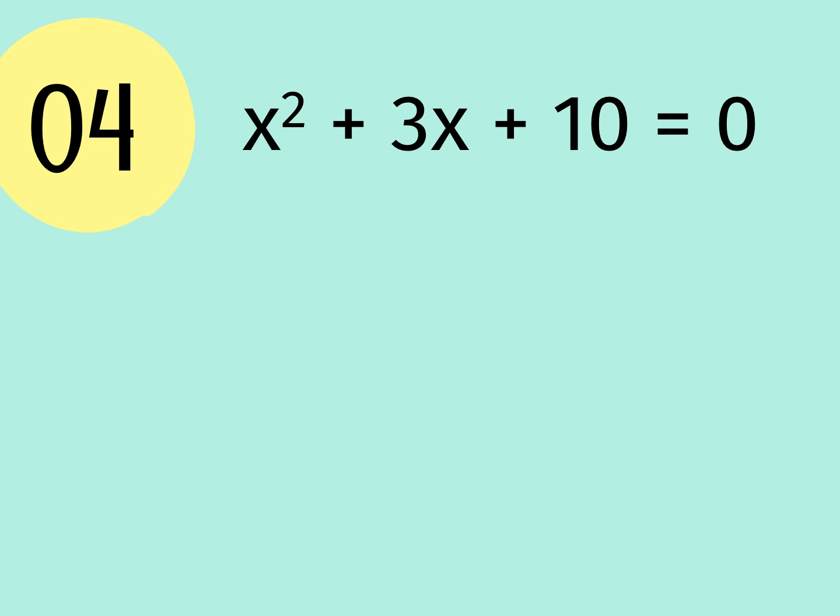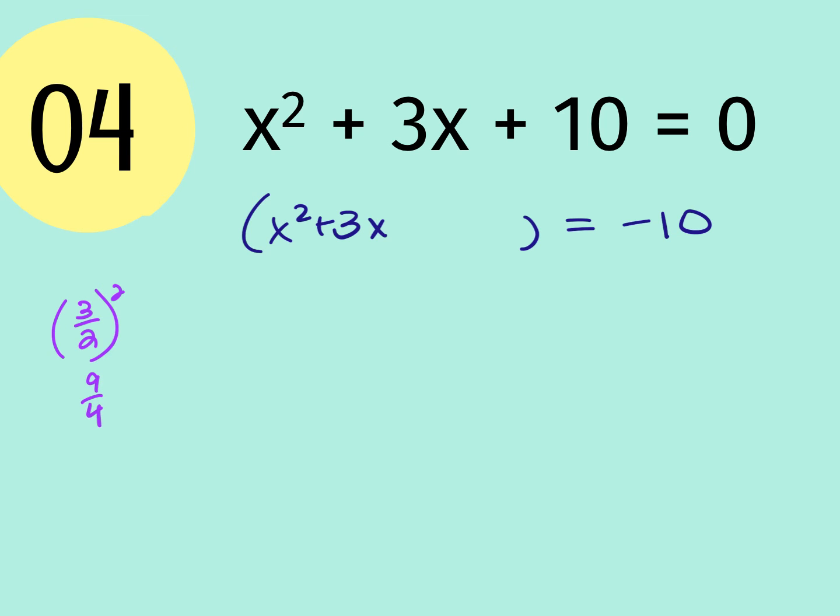So we're going to group together those first two terms. We're going to push the 10 to the other side, so it becomes negative 10. If there was something on the front of the x squared, I'd divide everything by it, but there's not. There will be on your test. I'm going to take that 3, divide it by 2 and then square it, and I'd get 9/4. Add 9/4.